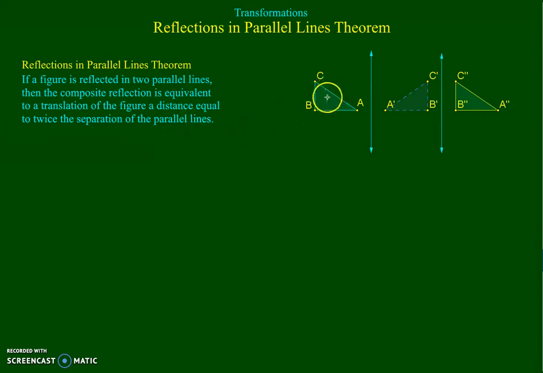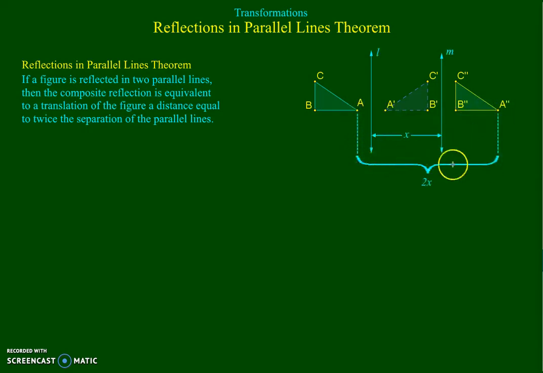So here we have our pre-image and our final image. And what we've done is reflected this image across this line to here, and then this figure is reflected across this line to here. And we're saying that the distance of movement of point A to point A prime, let's see if we can represent this.